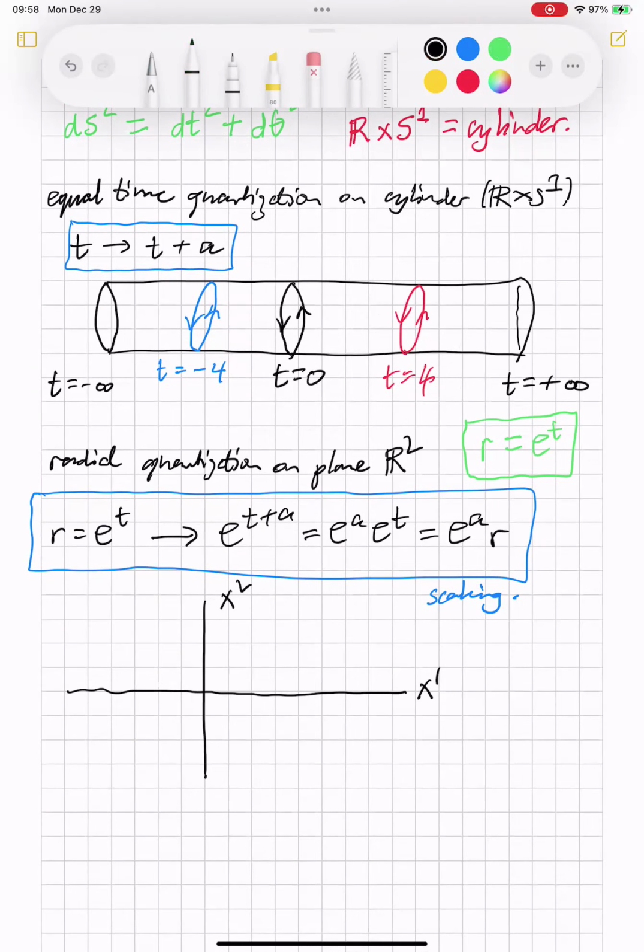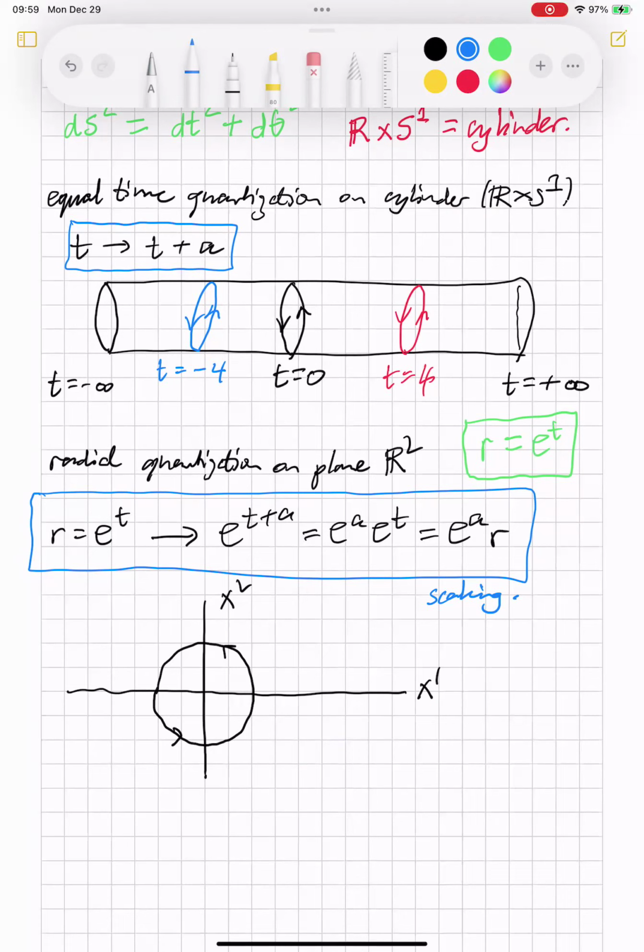So if we take t is equal to 0, you can see that's r is equal to 1. So let's draw in the unit circle. Here's the unit circle, okay? And this black unit circle corresponds to that black circle on the cylinder. If we now look at t is equal to minus 4, well, then we've got e to the minus 4.